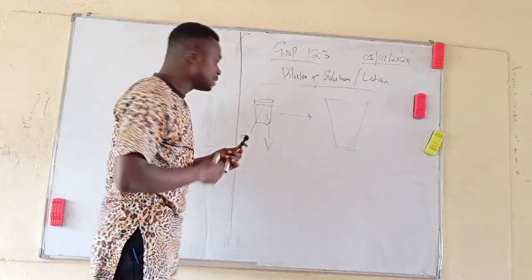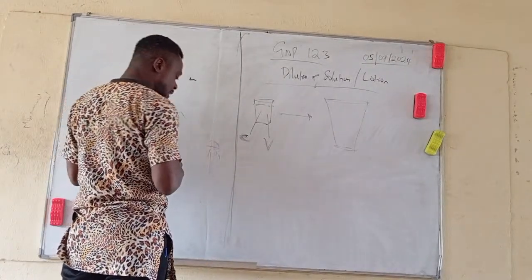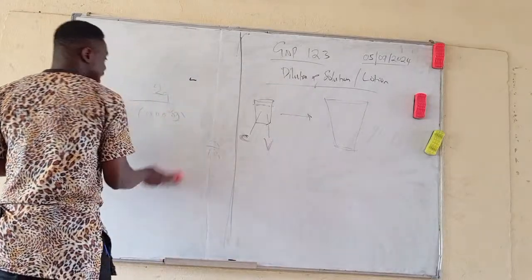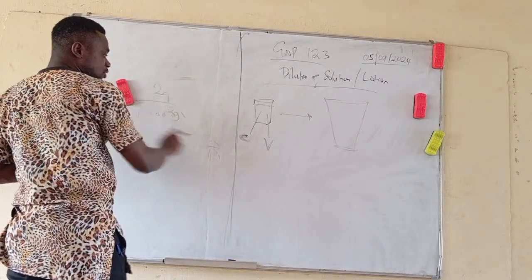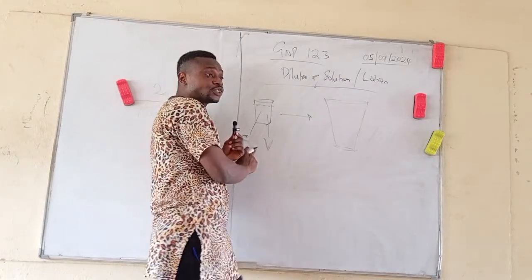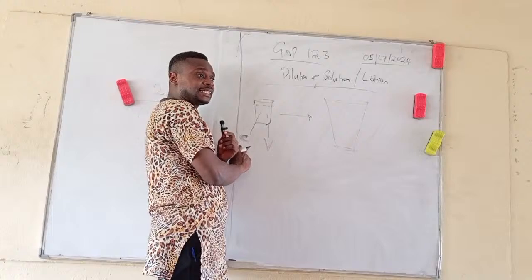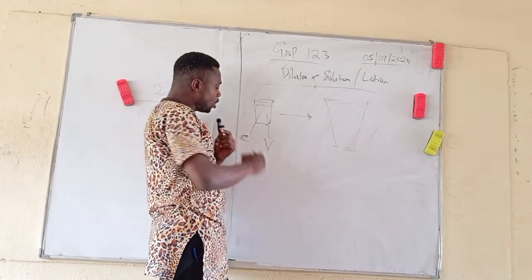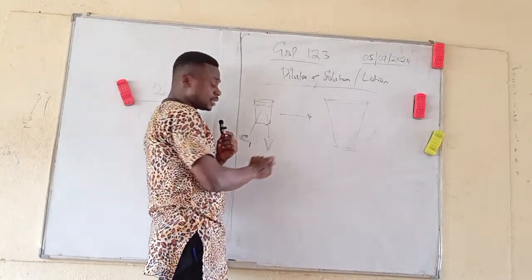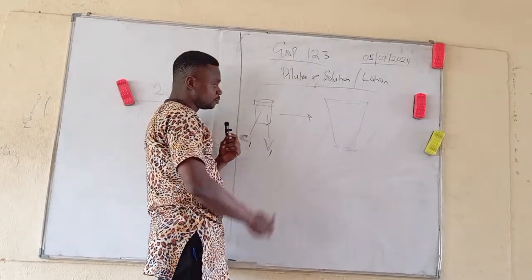Good. Now, if you understand this, let's go back to this. This is the stock solution, right? It has a concentration, and it has volume. Call this the initial concentration and initial volume.